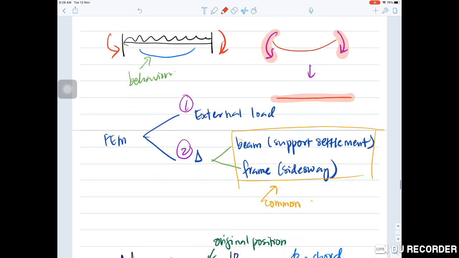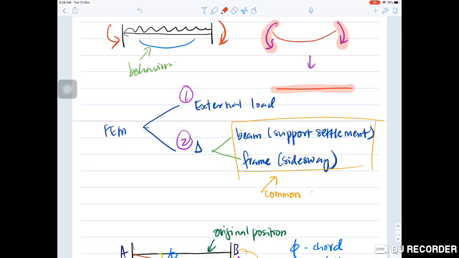Alright, and actually fixed end moment can occur due to two conditions. Number one is due to external load, and number two is due to deflection. And for common cases, we analyze beam with support settlement, and we analyze frame with side sway, and both is delta.